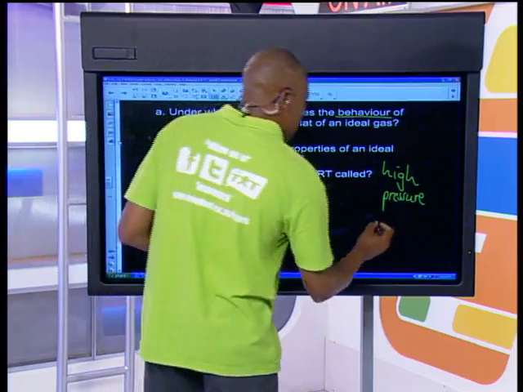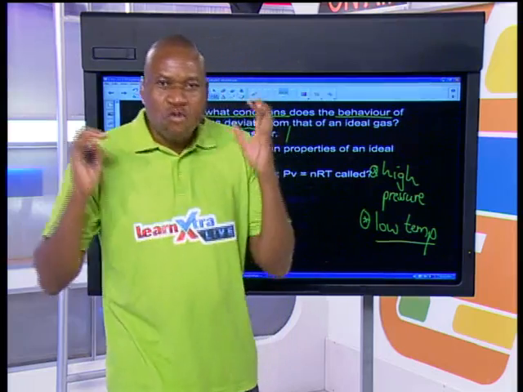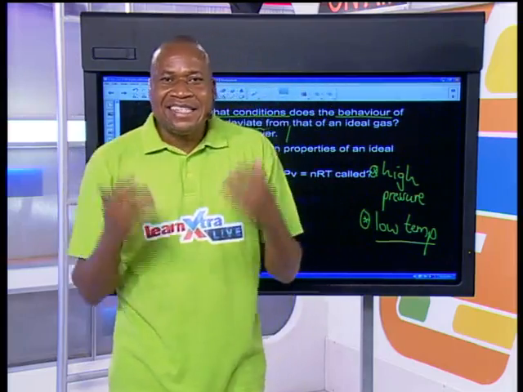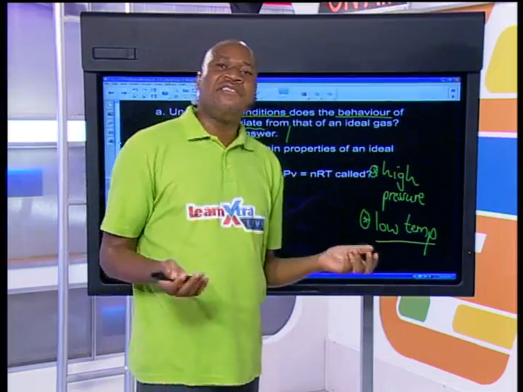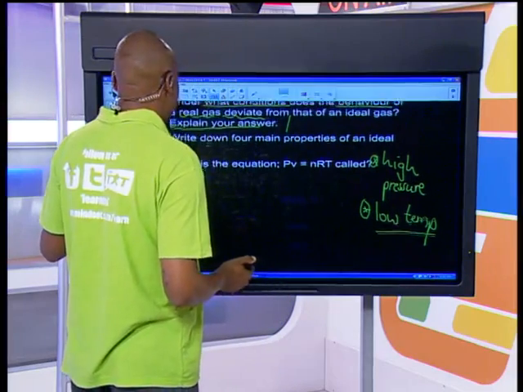And you have low temperature. These two conditions will make your real gas deviate, to say, no, I am not ideal, I am not imaginary, I exist, so I will behave in a different way if you have those conditions.